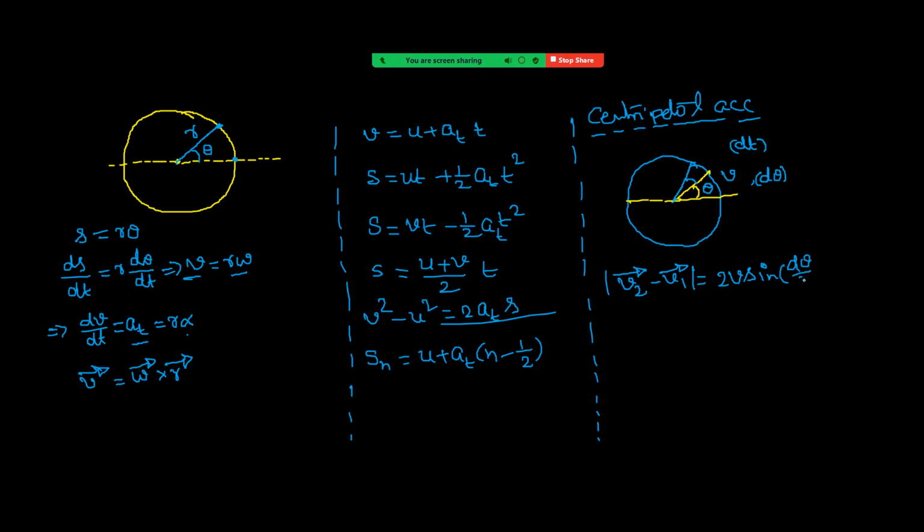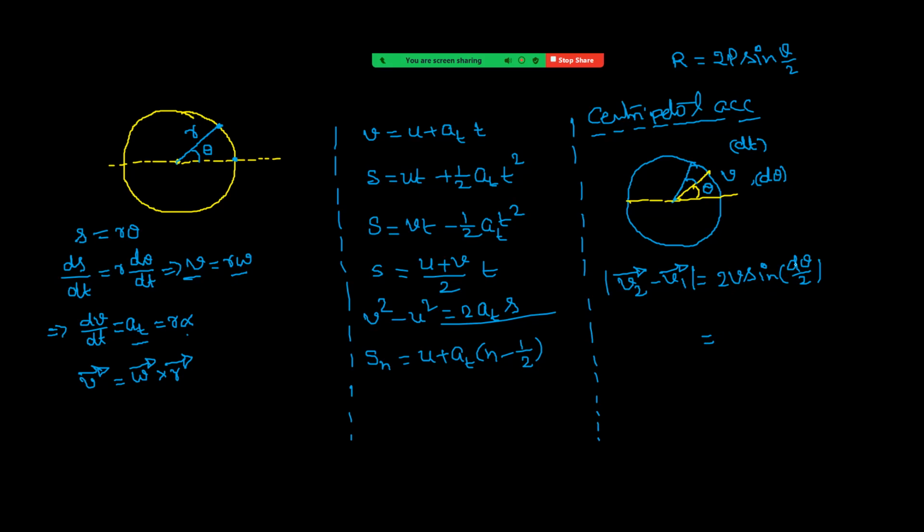Recollect, in vectors we have learned if you have two vectors of the same magnitude, then the modulus of p bar minus q bar equals 2p sine theta by 2. So I have taken the same thing here: 2v sine d theta by 2.